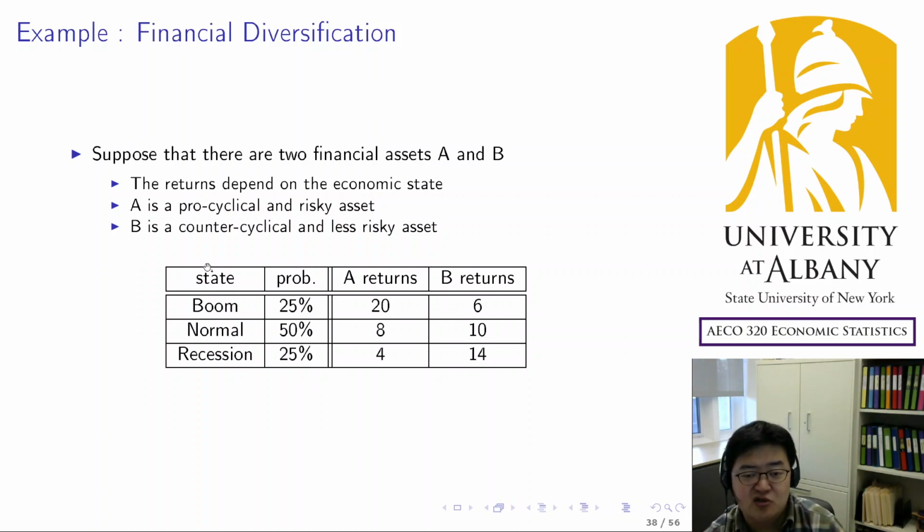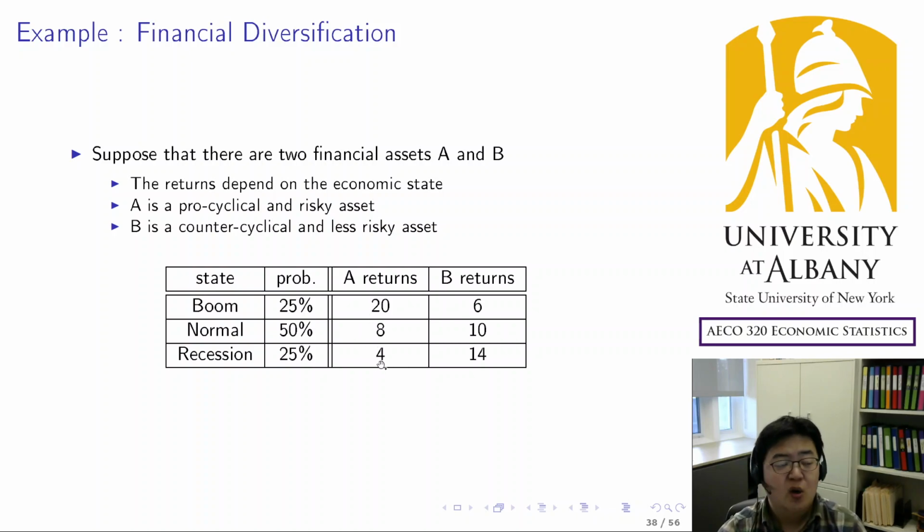And I will give some numbers on the probability of each state. Say next year, the economy will be in boom with 25%, in recession 25%, and normal, nothing special, with 50%. In each scenario, asset A will give you, say, 20%, 8%, 4% of your investment.